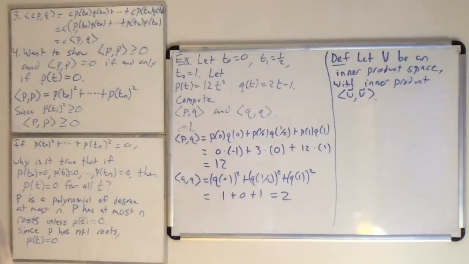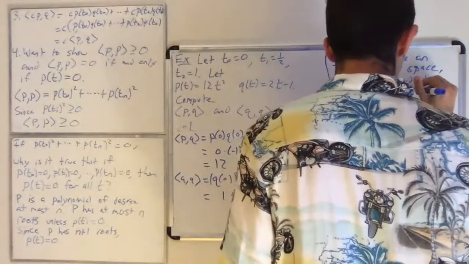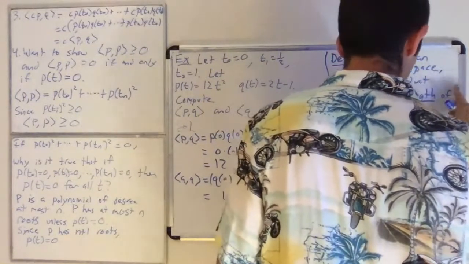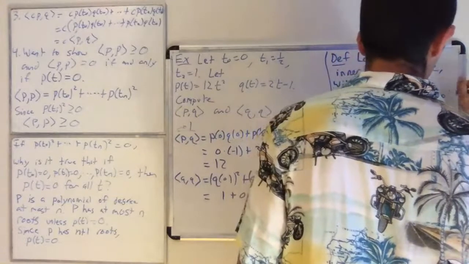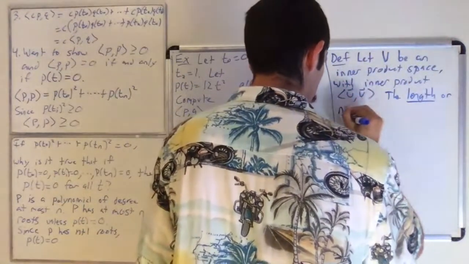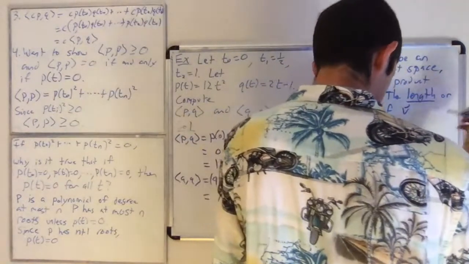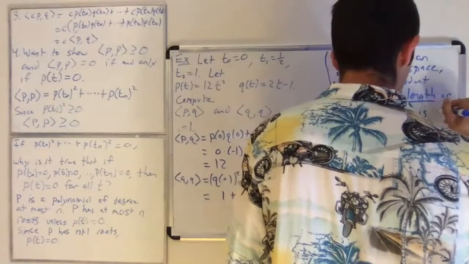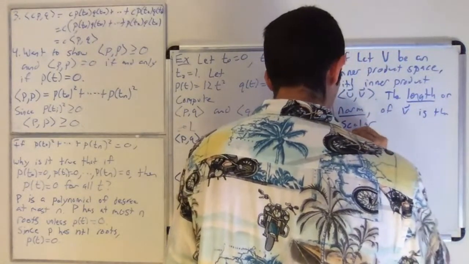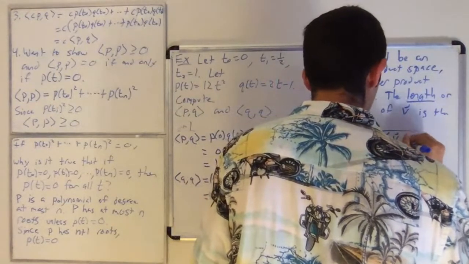The length or norm of a vector V is the scalar. The norm of V is equal to the square root of V inner product with itself.